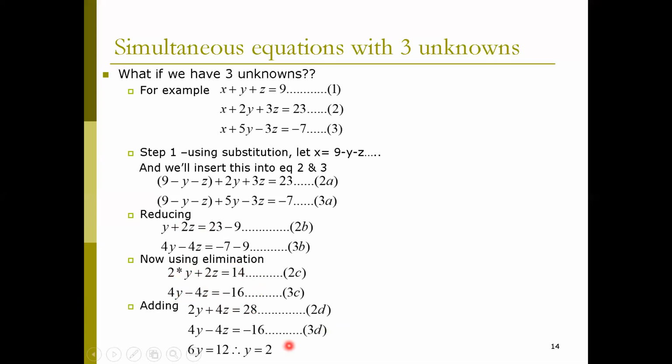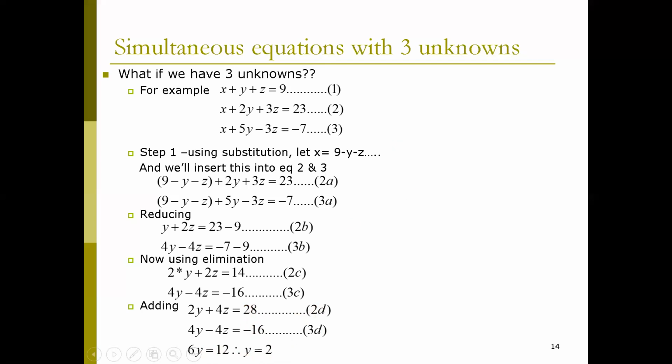So we do that, we eliminate z, and then we add the other unknowns. So 2y plus 4y equals 6y, 14 times 2 is 28, 28 plus minus 16 equals 12, 6y equals 12, so y equals 2. The next step is just as before.